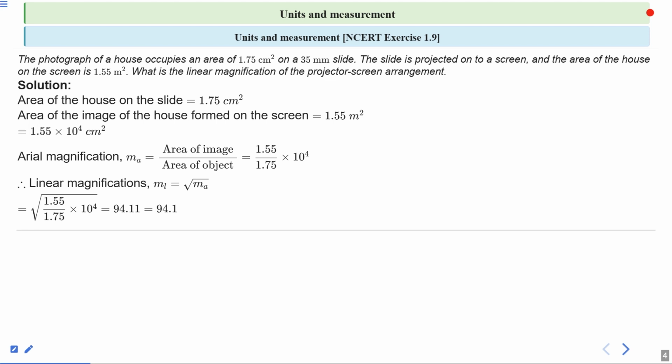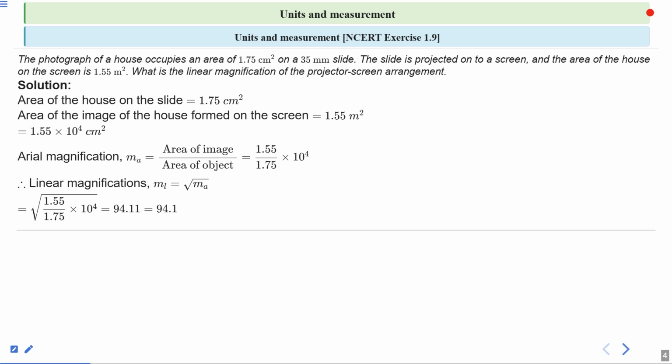Actually here, the answer is 94.11, but we have to take care of significant figures. In this chapter, the first line of the exercise says that in every answer you should consider significant figures. In this 1.55 and 1.75 ratio, the number of significant figures in the numerator is 3 and in the denominator is 3.